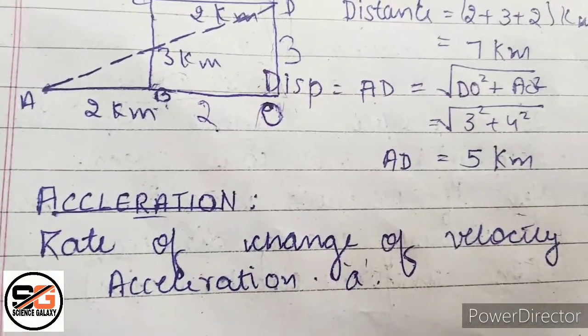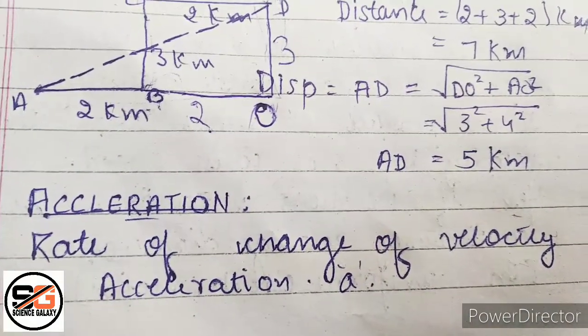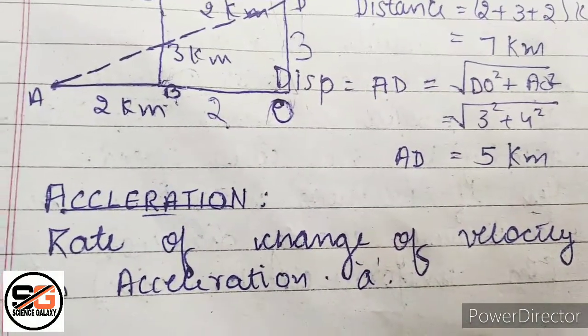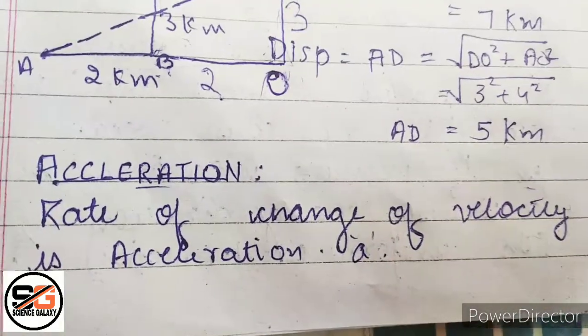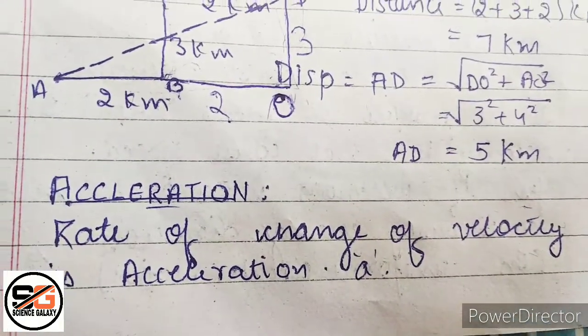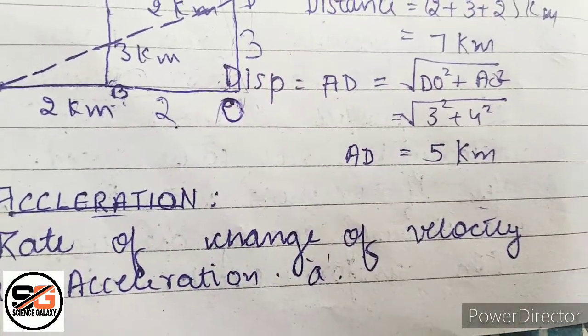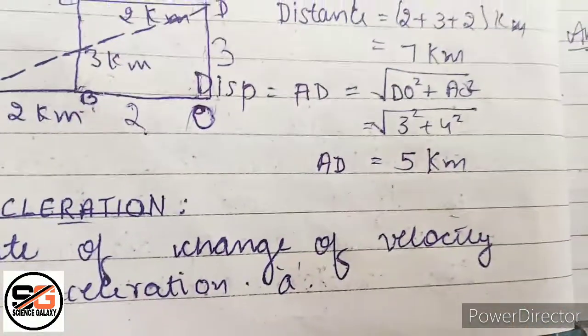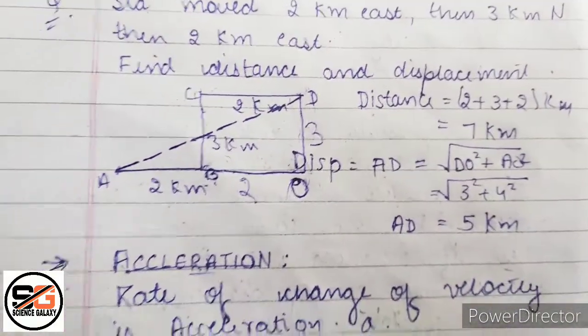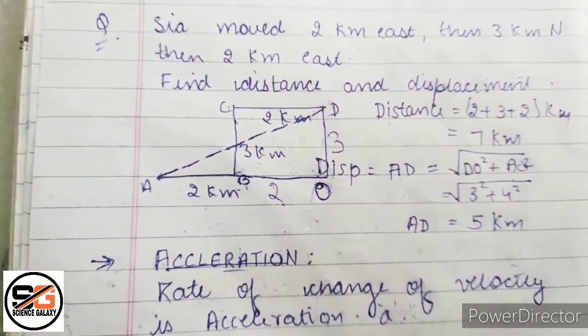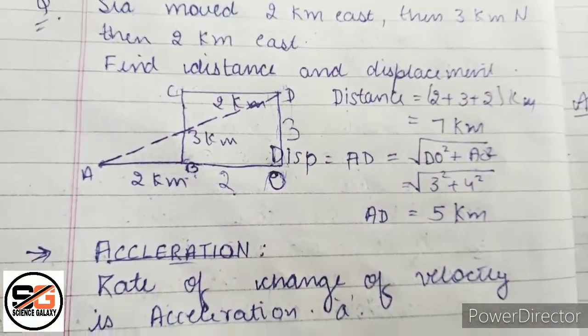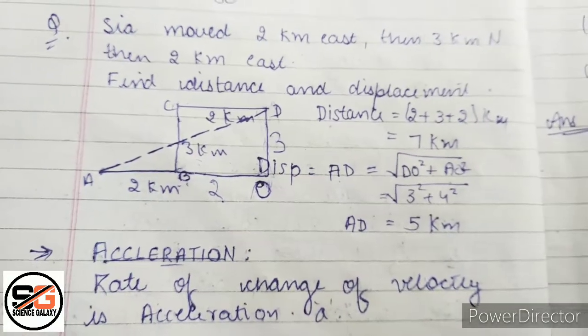So the change of velocity upon time taken is called the acceleration. What is acceleration? Acceleration is rate of change of velocity. At what rate I was changing my speed, my velocity, is called the acceleration.